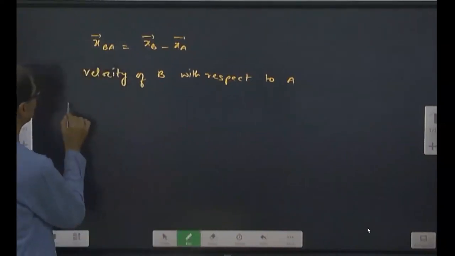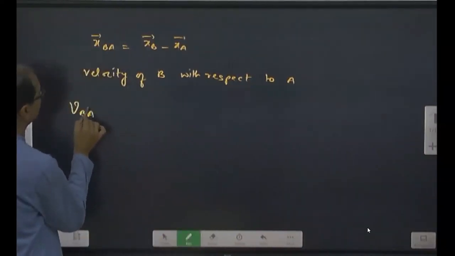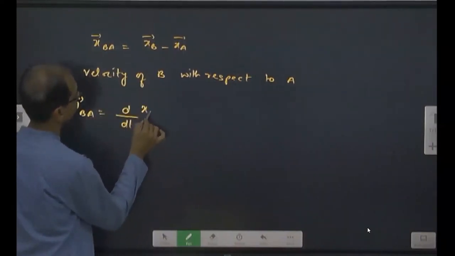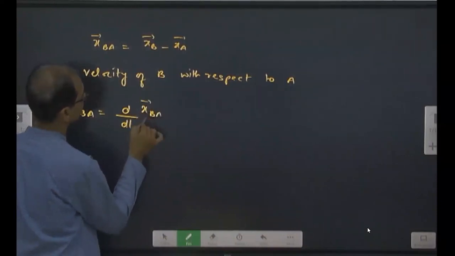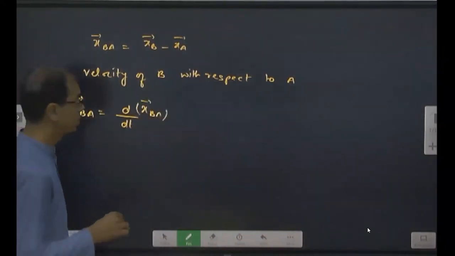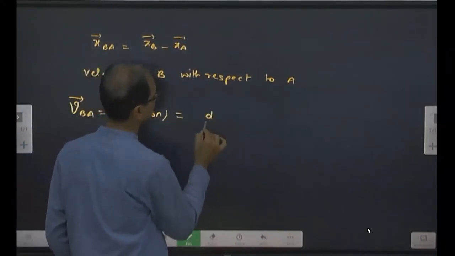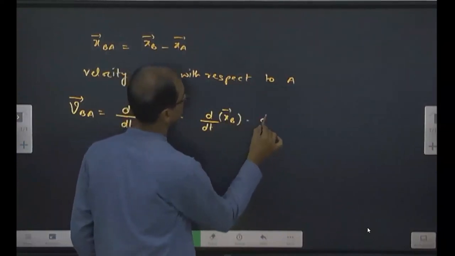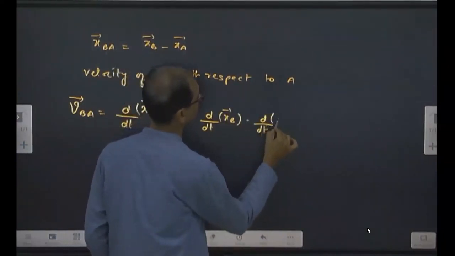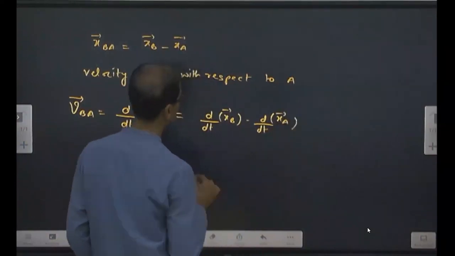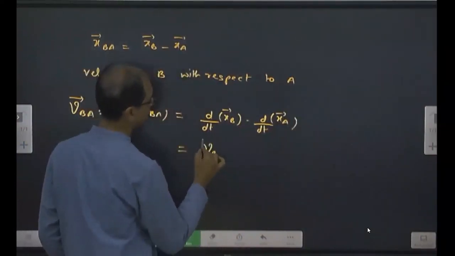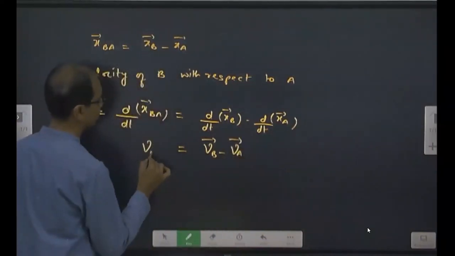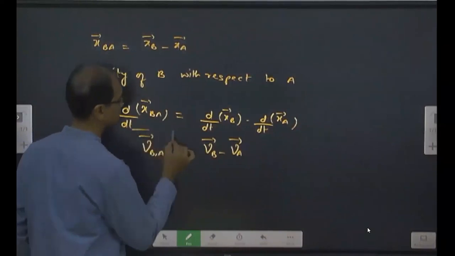That means velocity of B with respect to A is d by dt of position with respect to A. Then this will become d by dt of XB minus d by dt of XA. This is VB and this is VA. So velocity of B with respect to A is this.